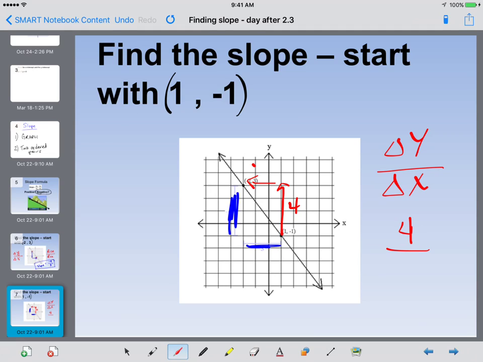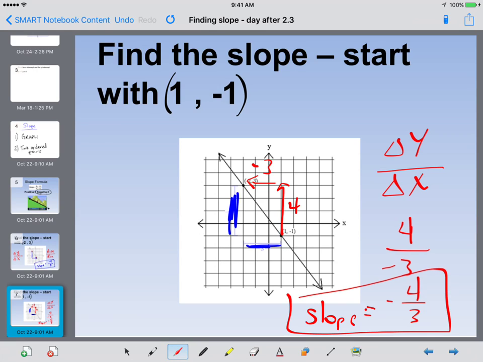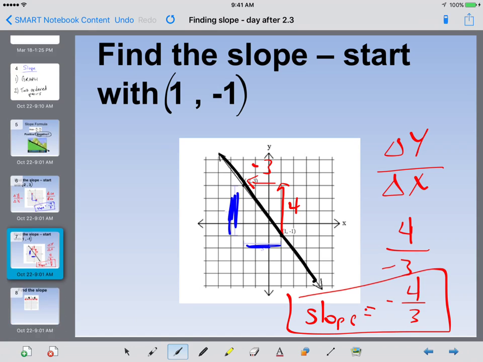And to the left, 3. So that would be -3. So again, our slope is still the same. It's -4 over 3. It does not matter if the negative sign is attached to the top, if it's attached to the bottom, or if it's written directly out front. The slope is negative because, as in our picture, it is going down from left to right.